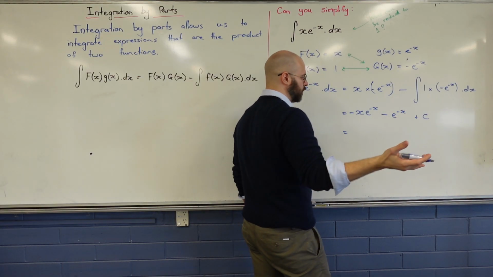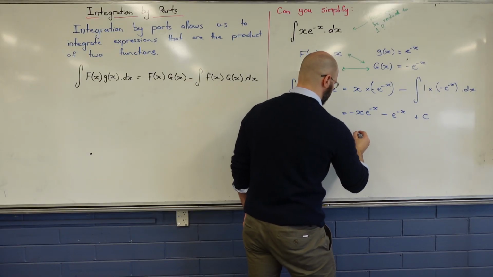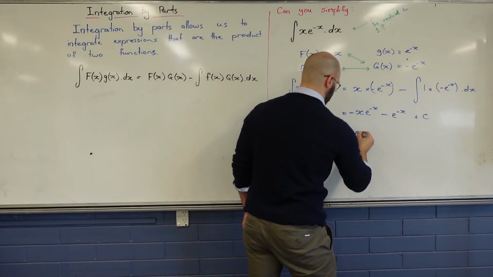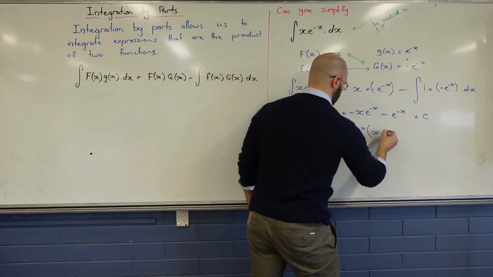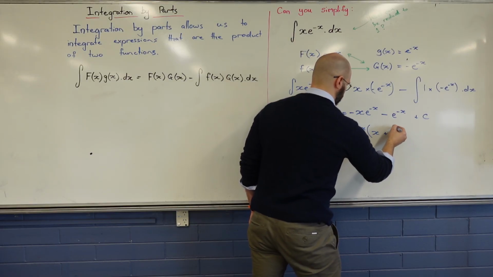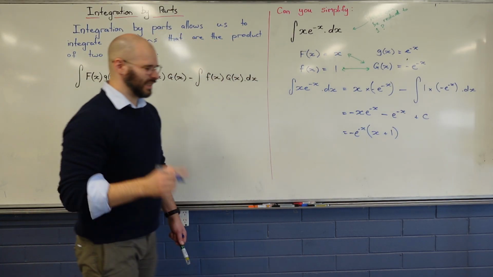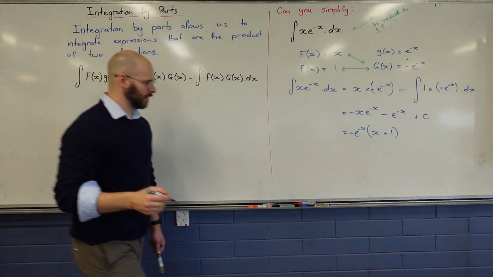And then, simply grouping everything, we'll take negative e to the negative x out front. It's going to be x plus 1. Does that make sense? Plus C.